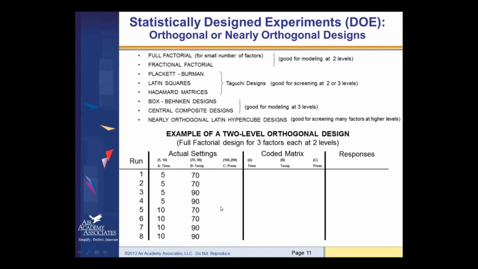So we're going to split up the 70s. 2 of them are going to go with the 5s, and 2 of them are going to go with the 10s. And we're going to split up the 90s. The 4 90s, 2 of them are going to go with the 5s, and 2 of them are going to go with the 10s. And if you go to the pressure column, you can see what comes next. We alternate them one at a time. And right then and there, you have a fully balanced design. Okay?